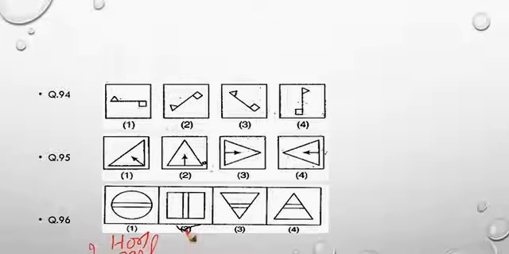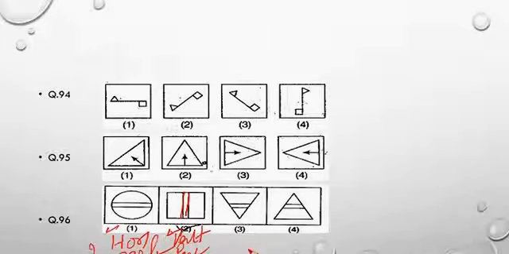In the next problem figure, we find that there is a square and there are two lines in the middle which are vertical and parallel. So in both options 1 and 2, the lines are parallel, but in option 1 the lines are horizontal. In case of option 2, these are vertical.